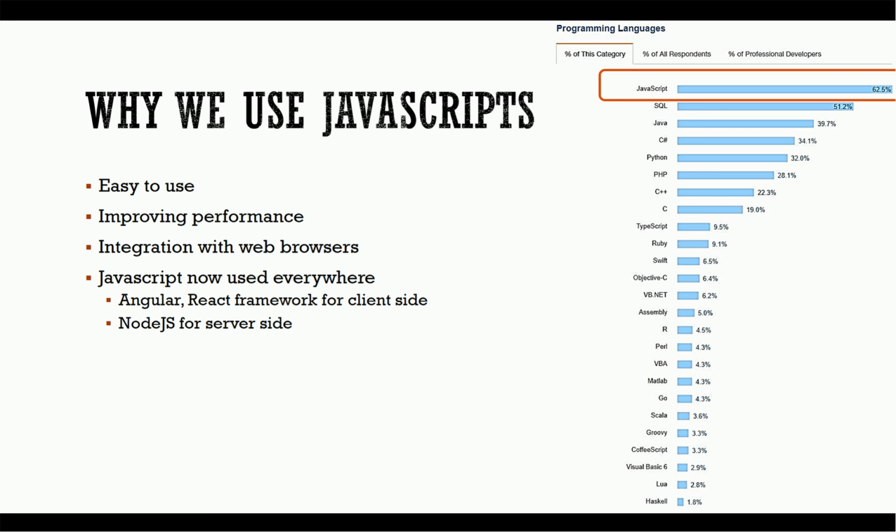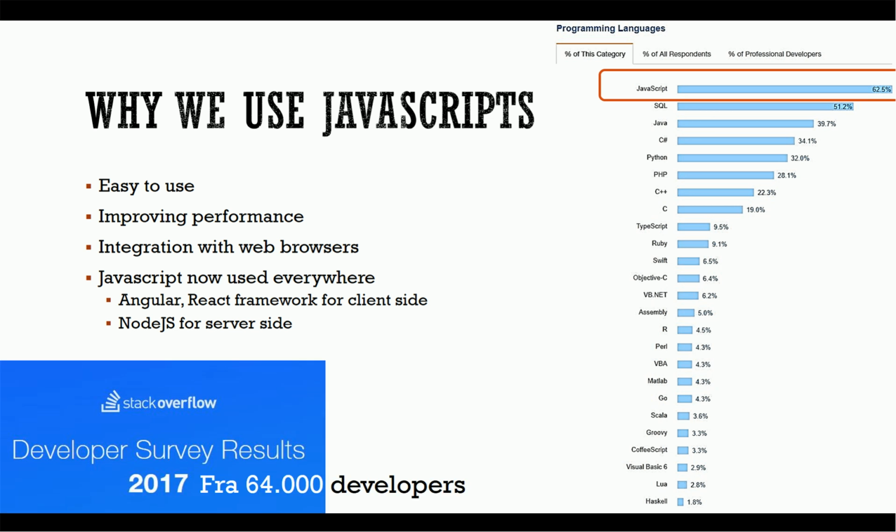For motivation, you can see the chart here. This is the latest survey done by Stack Overflow, a very popular forum for professional developers. 64,000 software developers participated in answering the survey.